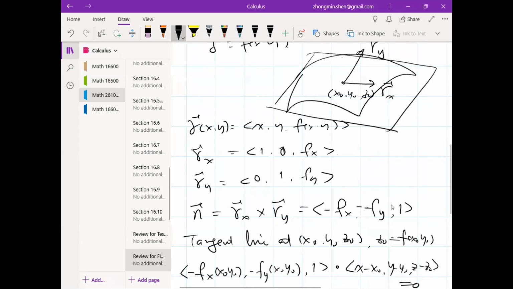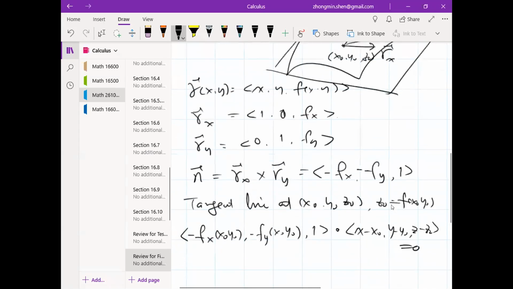The way you can describe it is take an arbitrary point on the plane, and you look at the difference. This vector should be a linear combination of those two tangent vectors.